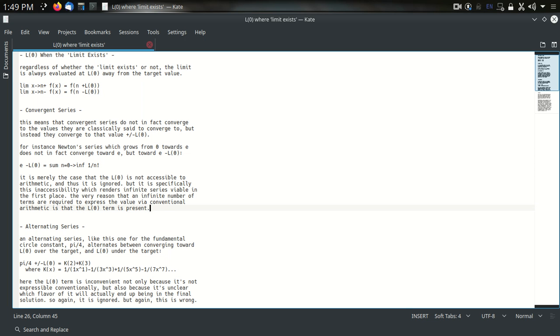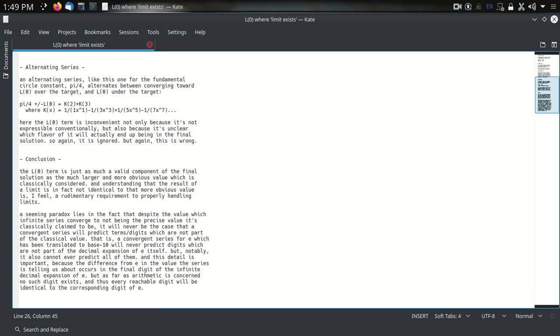Despite the fact that the 1 on L naught minus L naught is actually inaccessible via arithmetic, so it's still in a sense infinite. Even though it's capped, its scale is capped. So yeah, you end up with these interesting things that fall out of consequences of how limits actually work.